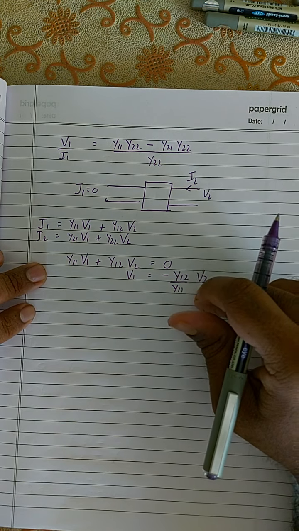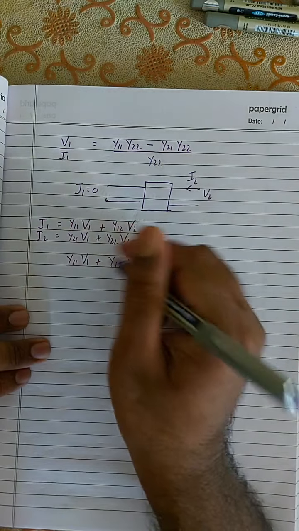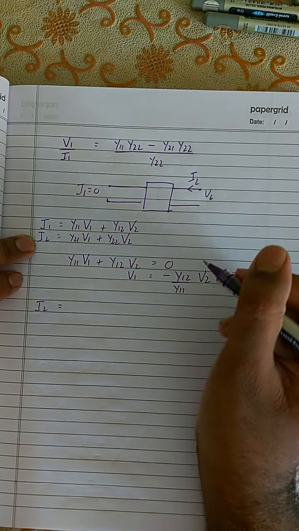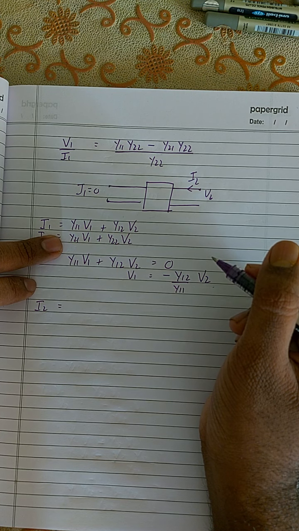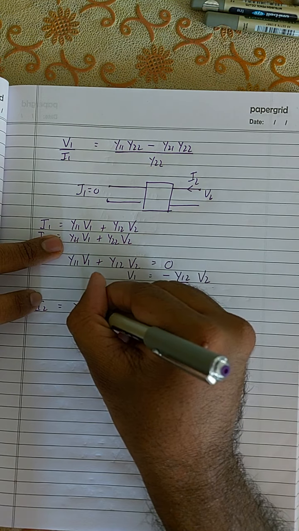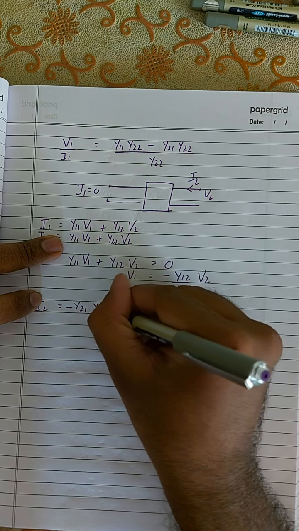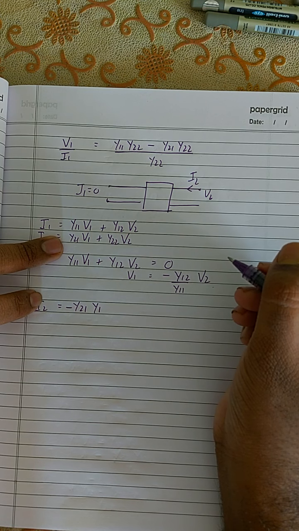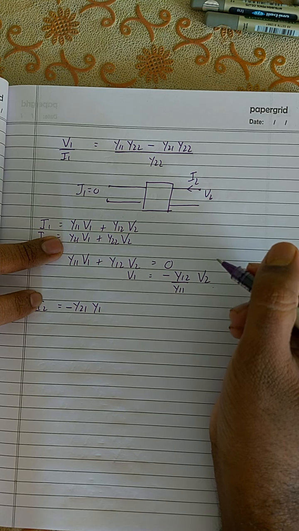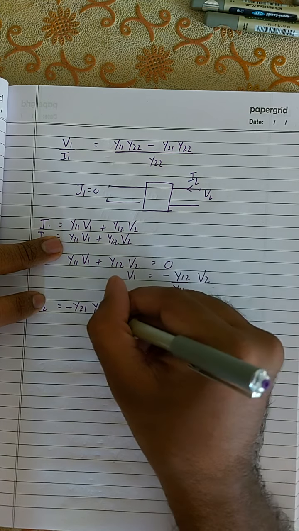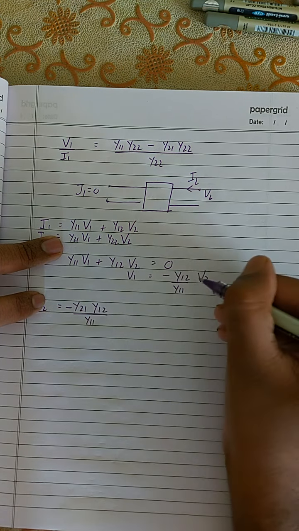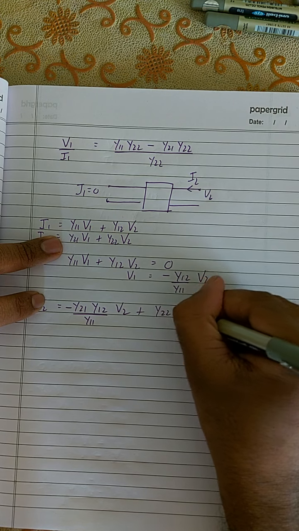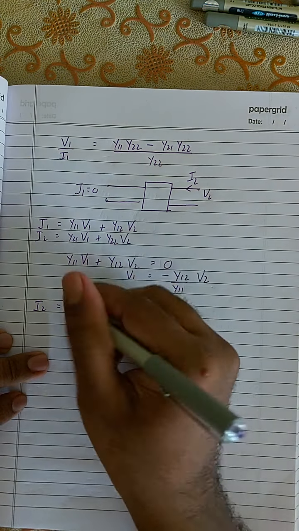Now I can substitute that over here, so I2 is equal to Y21 times minus Y12 by Y11 V2 plus Y22 V2.